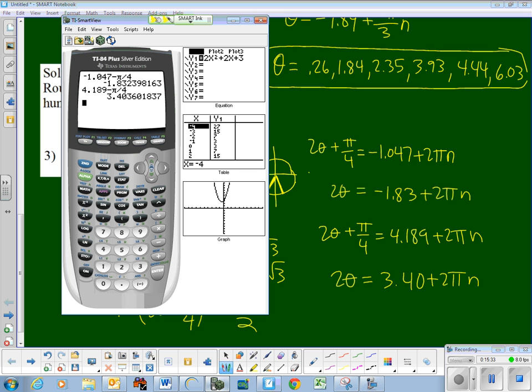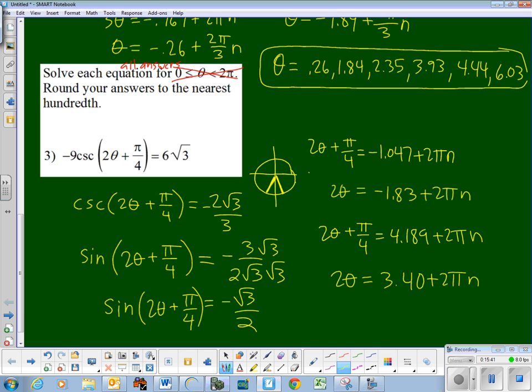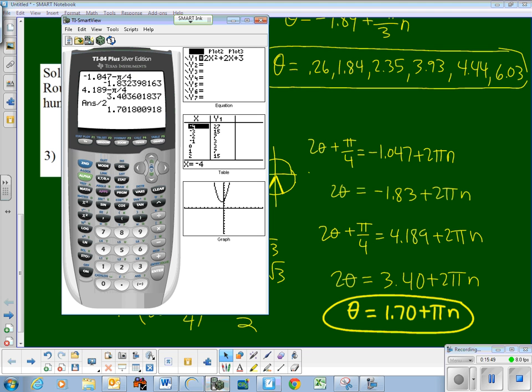And now we cut everything in half. All right, so back on my calculator, the second one cut in half is 1.70 plus pi n. And this first one would have been, negative 1.83.